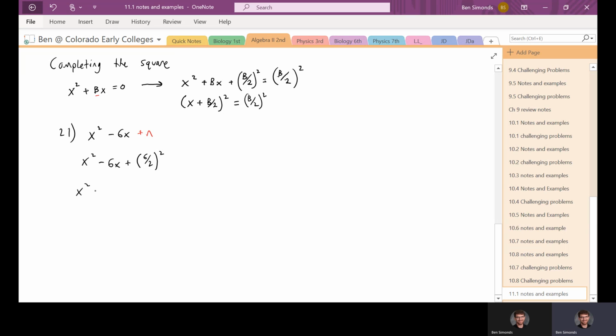So we have x squared minus 6x plus 9, because 6 divided by 2 is 3, and 3 squared is 9. And now when we factor it, we get x plus 3 squared. That's why completing the square is helpful. It makes it super easy to factor. Just boom, done, factored, pretty straightforward.